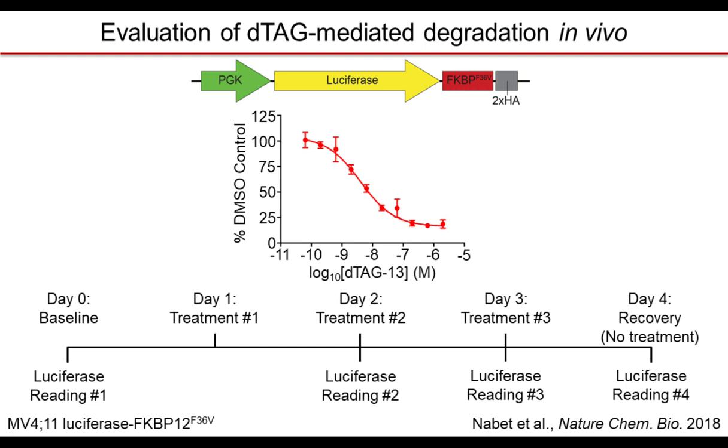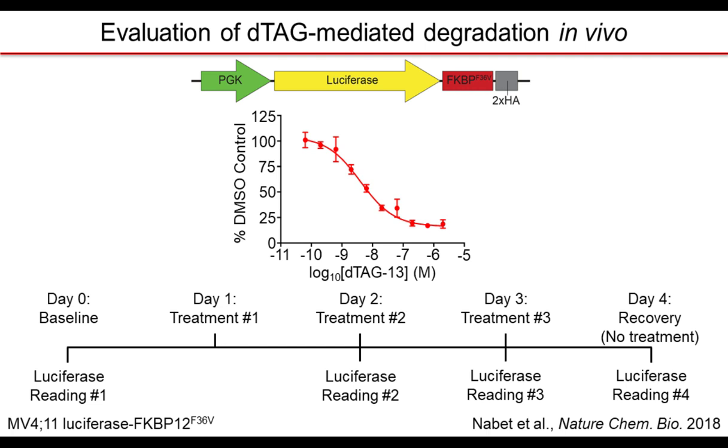We then set up the following experiment. We tail vein injected these MV411 cells into mice and let them engraft and monitored their leukemic burden. Subsequently, on the first day of the experiment, we evaluated their baseline luminescent signal. The next 3 days, we performed treatments in the morning.